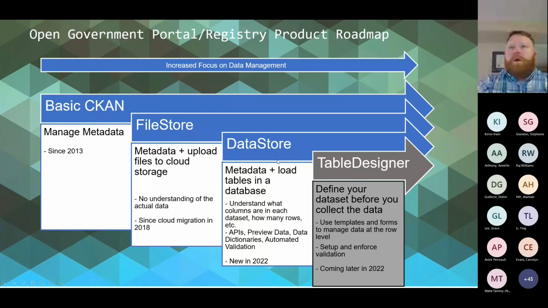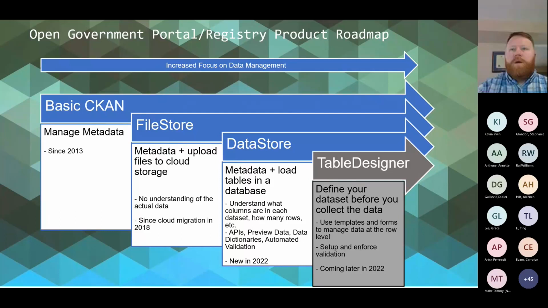In Data Store, you have the same functionality around metadata where you can describe your data sets, but in this case, you can actually load your tables into a database rather. This unlocks the functionality where the system can understand the data a little bit: what the columns are, what types of data are contained in each column, how many rows are in the data sets, for example.